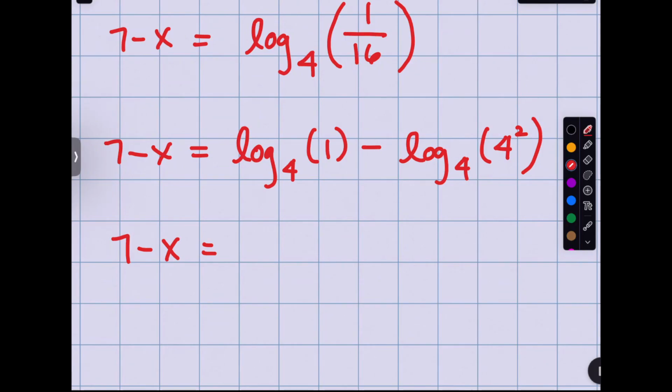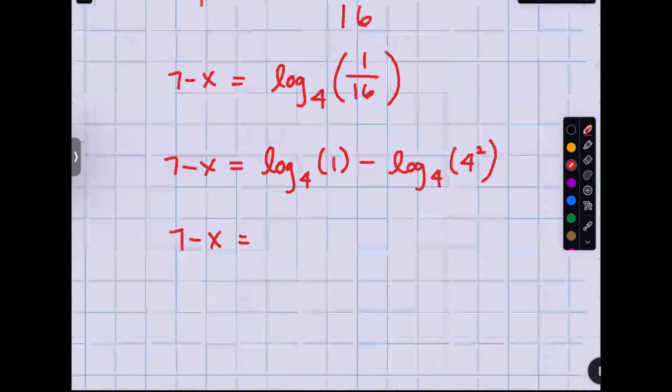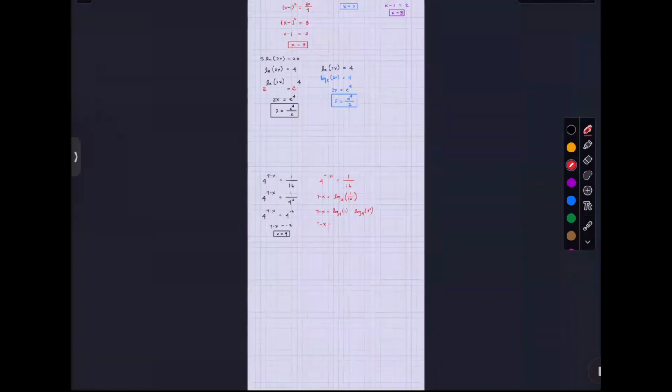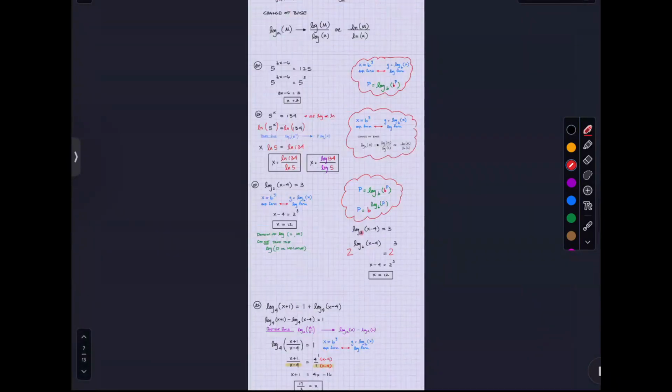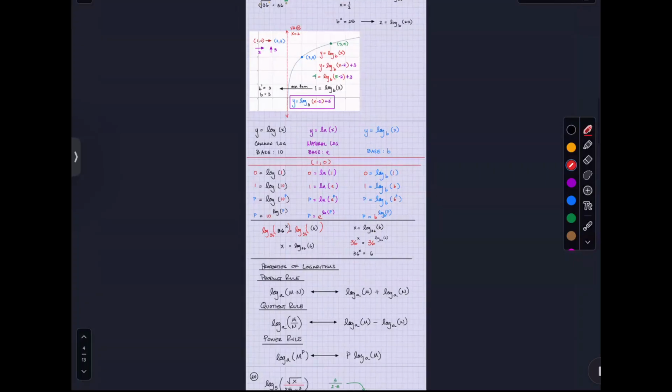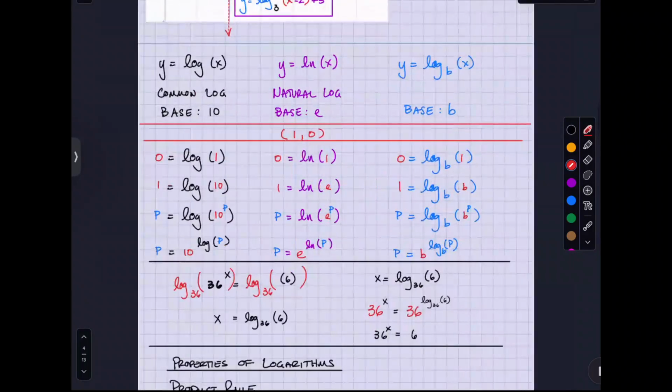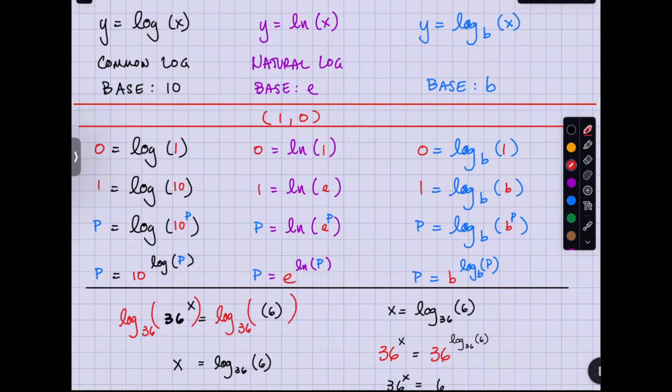Log of 1 is also 0. Anything of 1 is equal to 0. Remember, in these notes, we said this. The reason why we had this critical point, right? Doesn't matter what the base is. If we take the log of it, it's equal to 0.